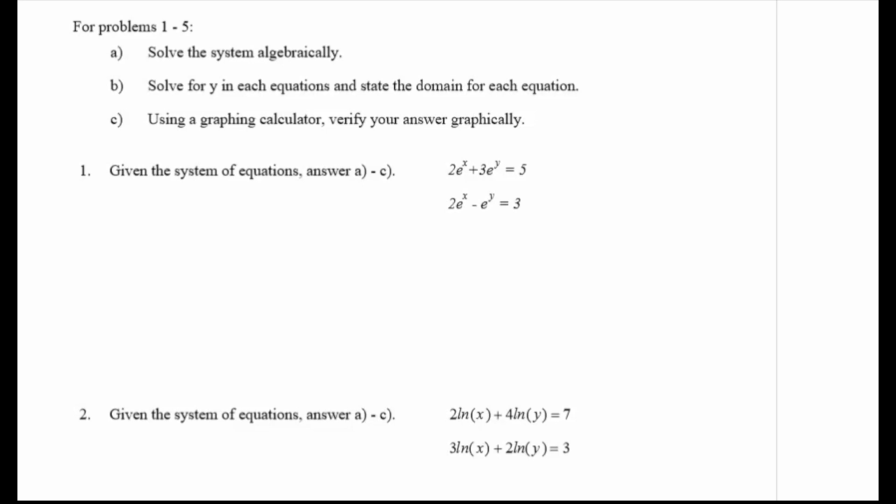We can either eliminate the x's or the y's. Since these x's are almost opposites of each other, we could simply multiply the second equation by a negative, which is just simply changing the sign of each term, and then adding those up.